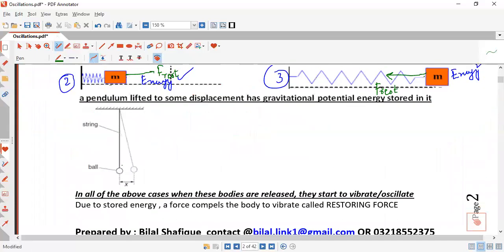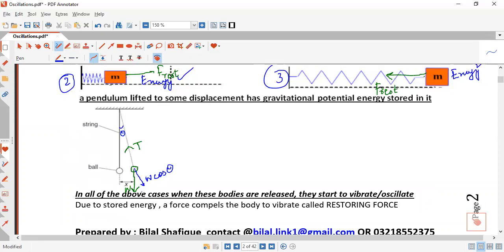Okay, now let's talk about some other restoring forces. Like what about this pendulum when it is here? So students, its forces will be weight and tension, right? So we'll be making the components of the weight, and the first component of the weight will be this. It will be W cos theta, if this is theta.